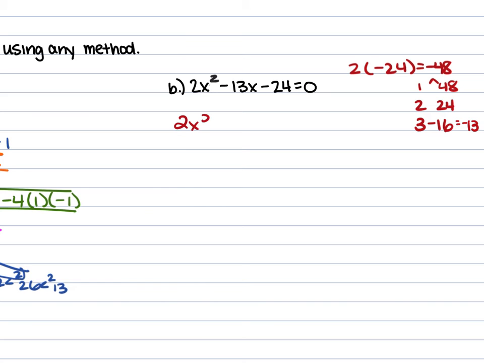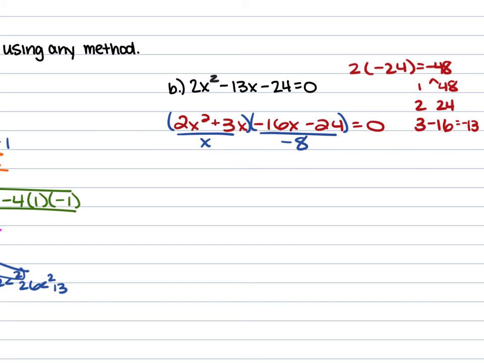We would have 2x squared plus 3x minus 16x minus 24 is equal to 0. Because you have 4 terms now, factor by grouping. Factor out an x from the first set of parentheses. Factor out a negative 4 from the second. No, a negative 8.